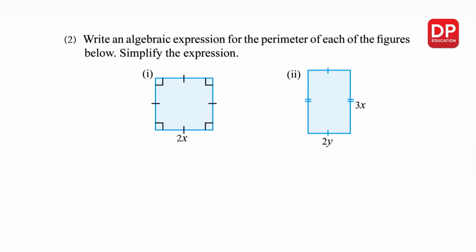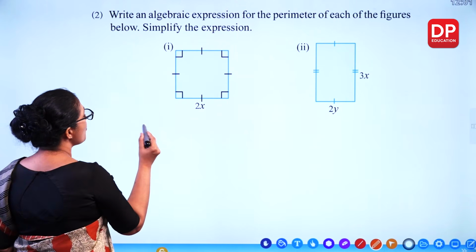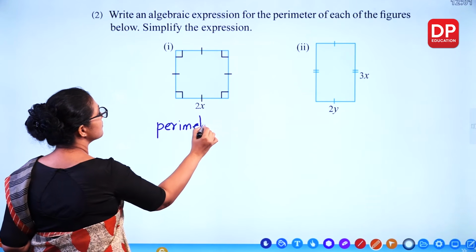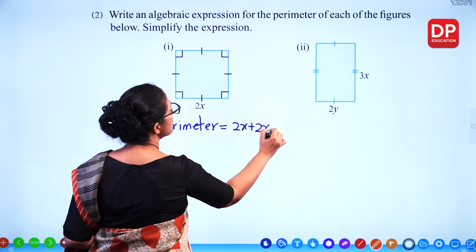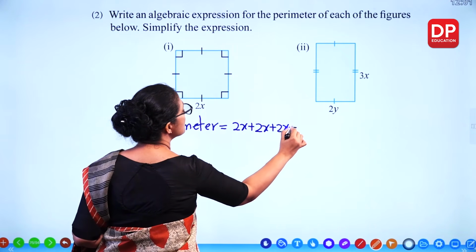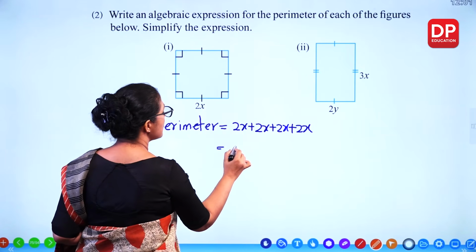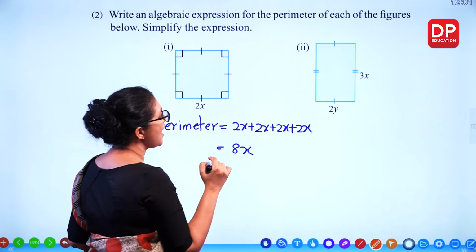Write an algebraic expression for the perimeter of each of the figures below. Simplify the expression. So this is a square. So what's the perimeter? 2x, 2x, 2x and 2x. So when you add, you get 8x. This one, a rectangle.